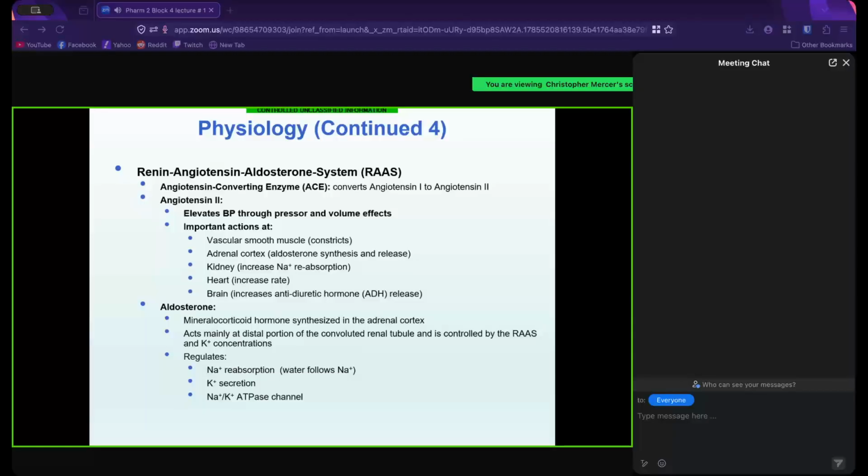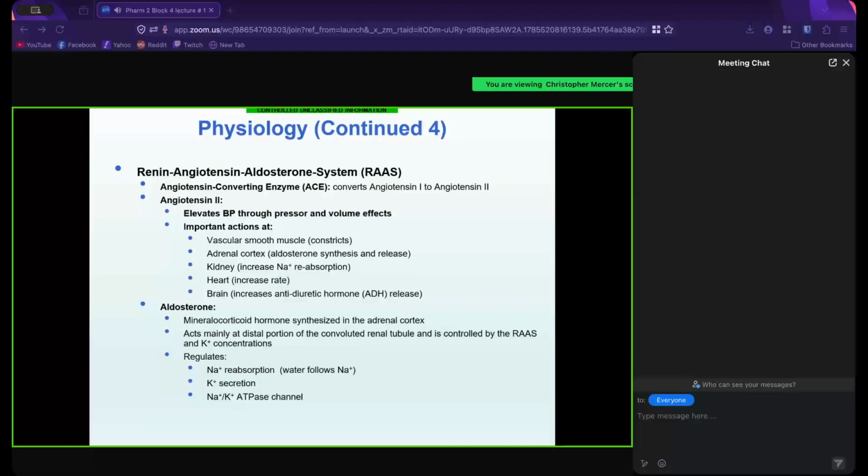So angiotensin 2 is going to affect that aldosterone release from the adrenal cortex. Also, angiotensin 2 is going to drive increased sodium reabsorption in the kidney. It's going to increase the heart rate. And here's something else, a blast from the past, right? Not the far past, but it's also going to increase ADH release from the brain.